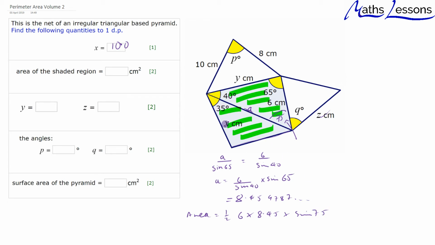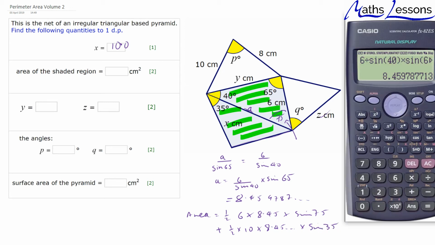And we want this other area here. Now we know x and we know A, and we've got the angle 35, so we're adding onto that a half times 10 times 8.45 and all the rest, times sine of 35. So we grab a calculator again, and I'm going to put that equals, so I've got that answer.